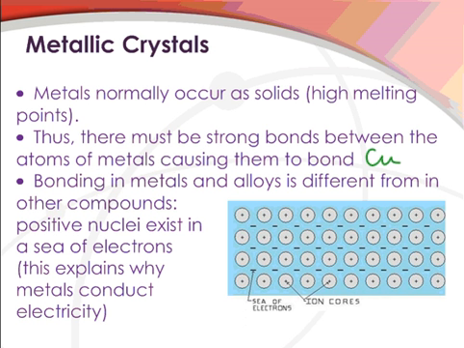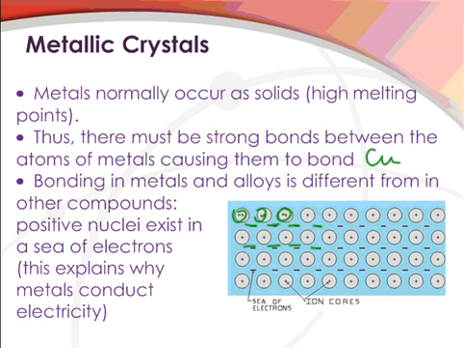Here's what happens. Bonding in metals and alloys is very different from in other compounds. And basically you end up with a positive nuclei. So that's all these little dots here, all these little circles. Those are your sort of positive nuclei existing in a sea of electrons. Okay, so there's electrons sort of floating all around these positive nuclei. Because this sea of electrons can move around, this explains why metals can conduct electricity.